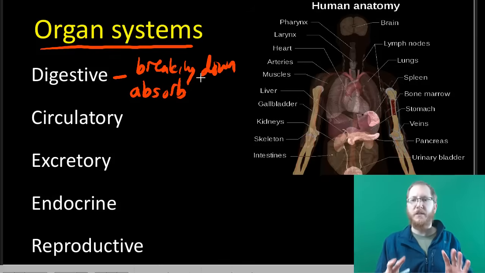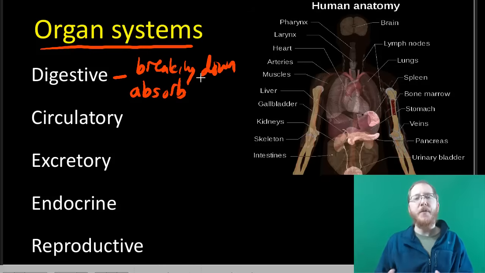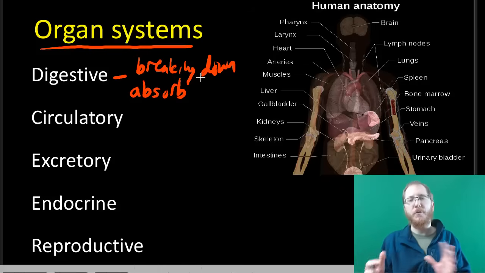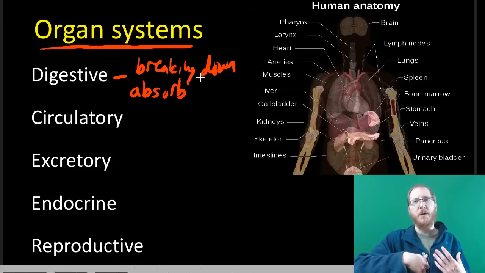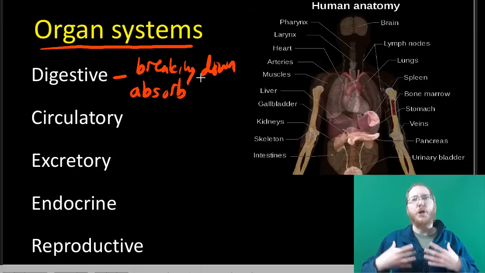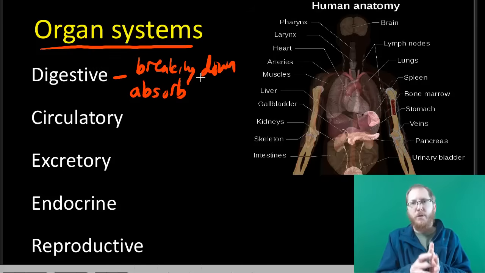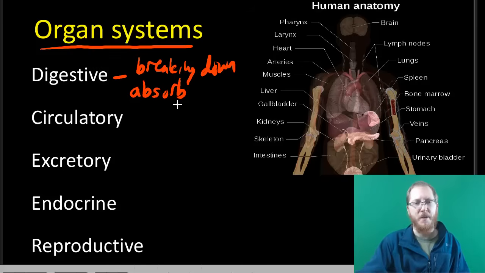So that'll be our digestive system, and that has a bunch of organs that are part of it, that the food travels through, and then there'll also be organs that help. So don't assume that to be a digestive organ, you have to have food pass through you. There's things like the pancreas and the liver that produce things like enzymes or proteins that are used to break down food, even though the food never actually touches that organ. That's perfectly fine. It's still part of there.